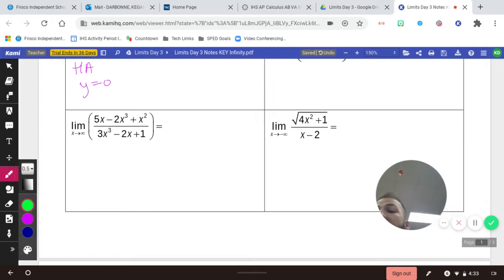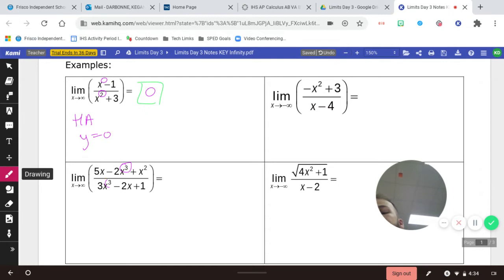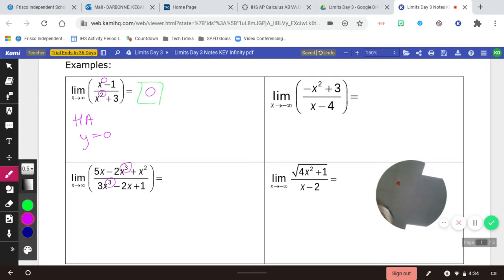So we have 5x minus 2x cubed plus x squared over 3x cubed minus 2x plus 1. One thing to notice is that it's not always the first term. It is what we call the leading term, which is always the term with the highest degree in each of our expressions. This one's a little tricky, but I find an x cubed and an x cubed, so the exponents are the same.